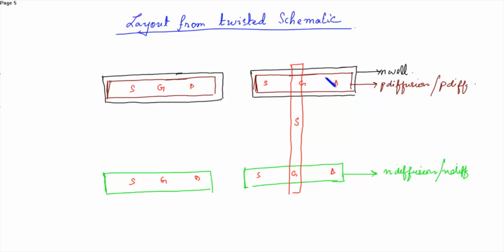So draw from, this is the metal layer. This is metal 1. The source is connected to VDD.